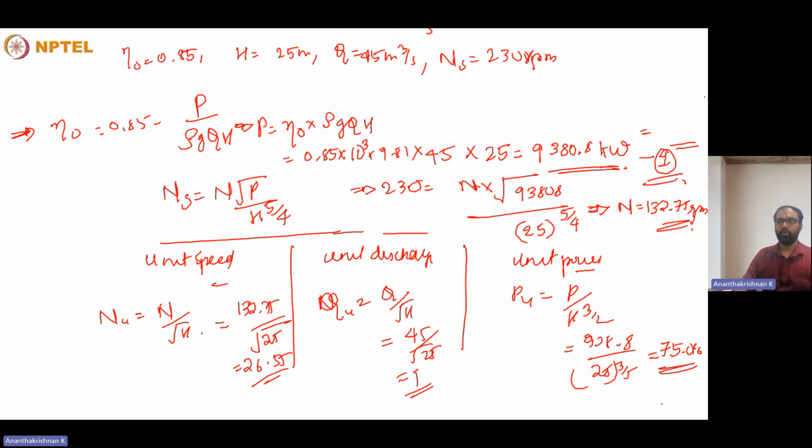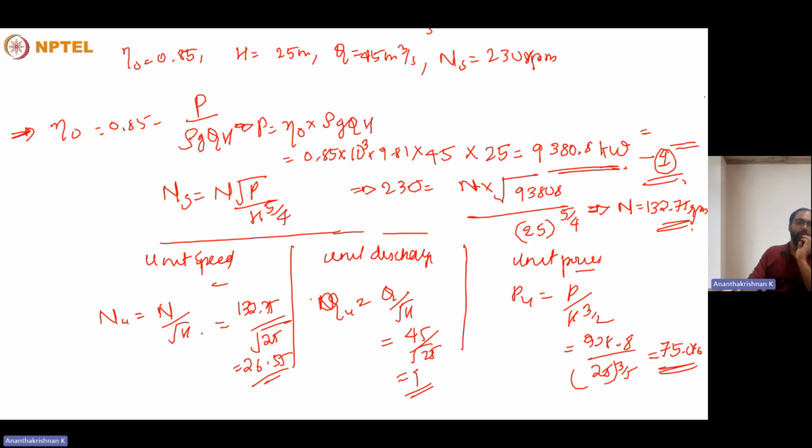So this Nu unit speed will be having the units of N divided by root of H. N unit is RPM and root of H unit is root of meter.